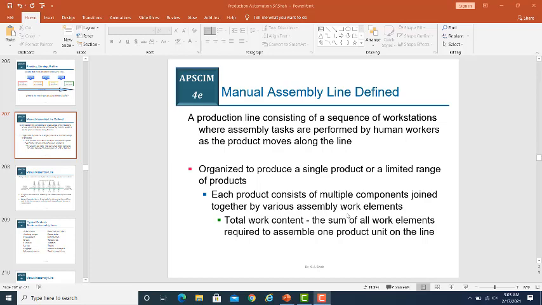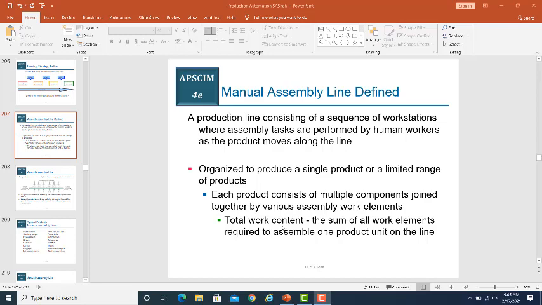There is a terminology called total work content. Total work content is the sum of all the work elements required to assemble one product unit on the line. Work content is the total amount of operations that will be performed on a particular product, and a work element is an individual operation.